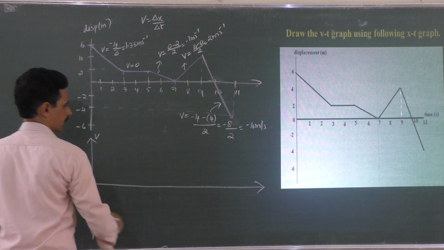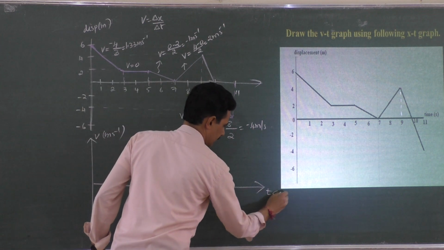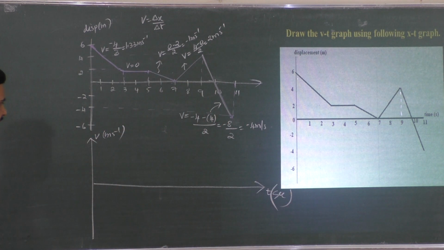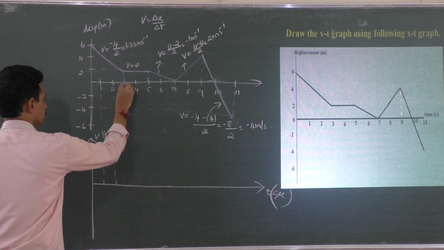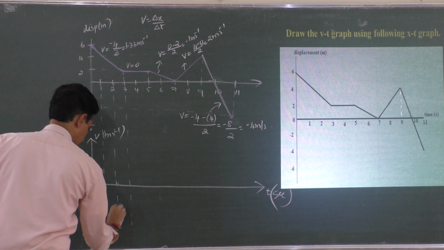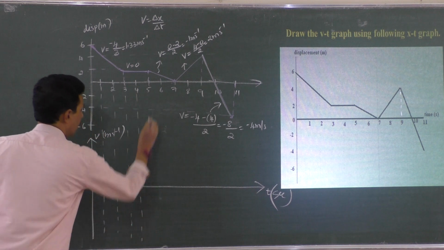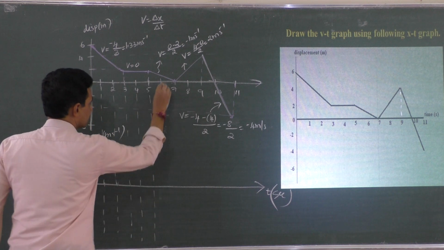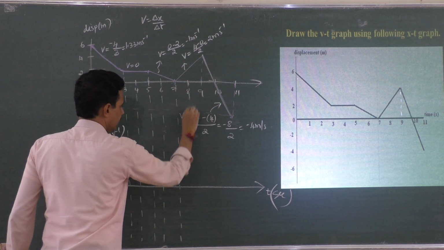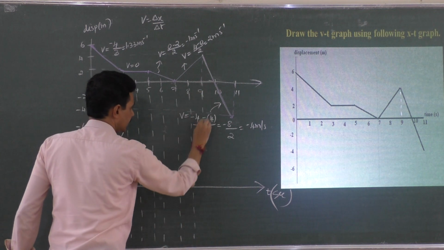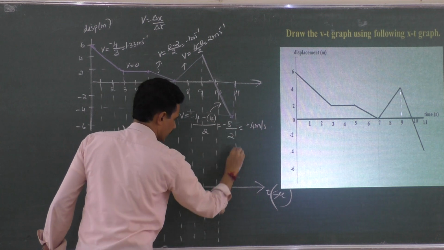Velocity versus time. Okay, meter per second, time in seconds. Same time intervals, 1, 2, 3. There are negative values, so be ready with the negative values also. 4, 5, 6, 7th second, 8th second, 9th second, 10th one, 11th one.